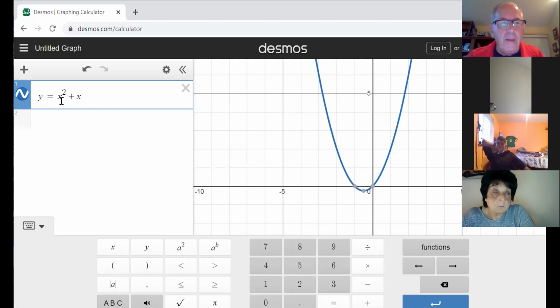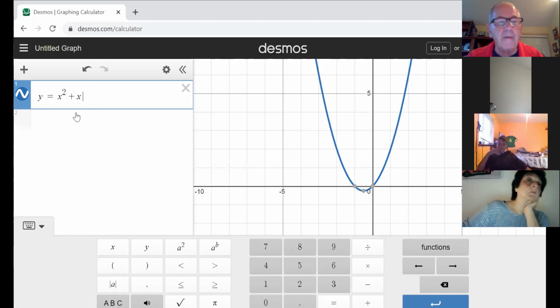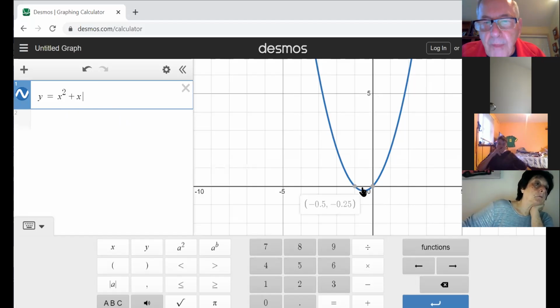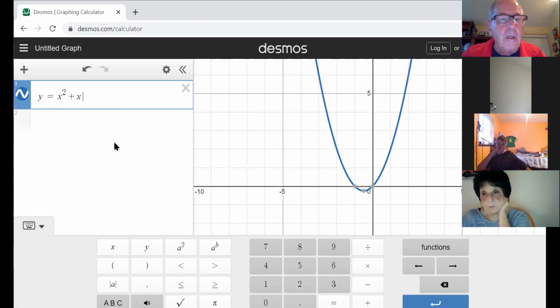That's a parabola. That's a quadratic equation, which when graphed gets you a parabola. And I can factor this and get what my roots are.